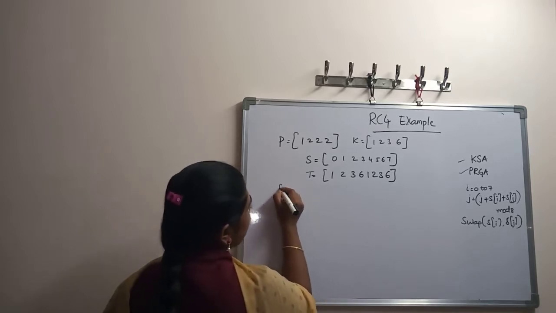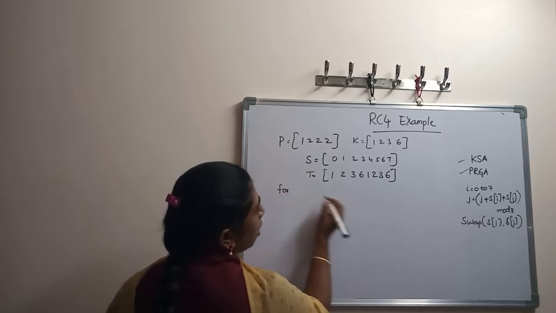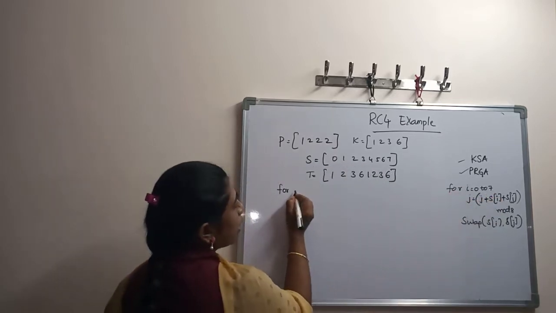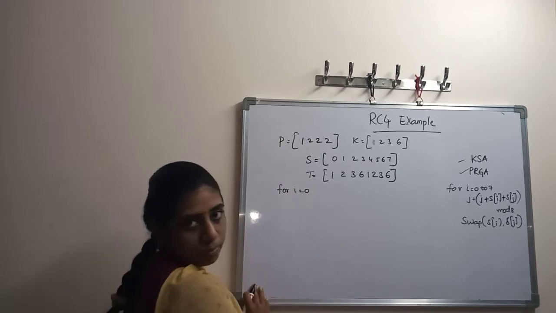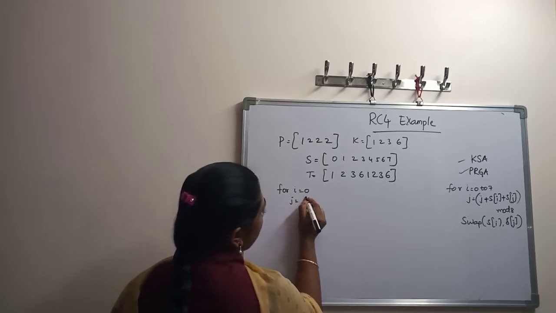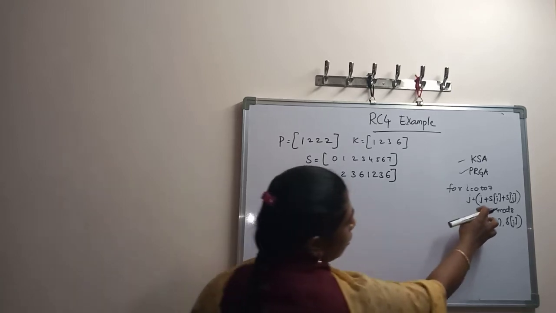For the first iteration, I is equal to 0. We take the J value as 0 initially, since my J value is not there.